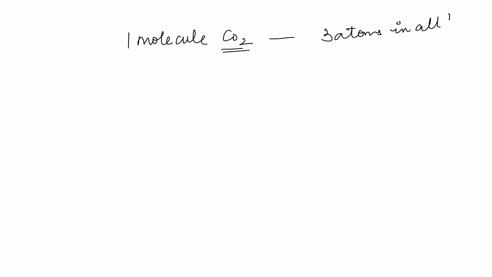But you tell me one thing. If I tell you I have one molecule of CO2, can you say one molecule of CO2 contains three atoms in all? What do you mean by three atoms in all? Three atoms in all means one atom of carbon and two atoms of oxygen. Are we understanding?